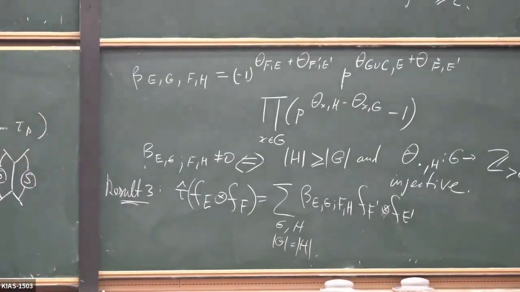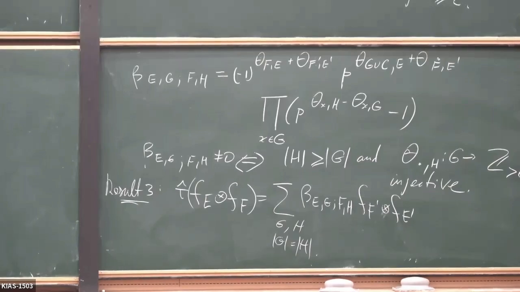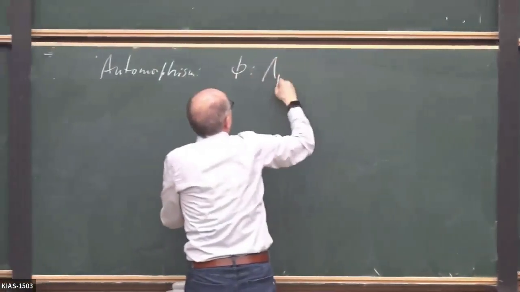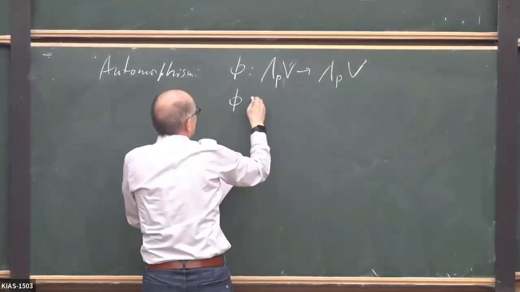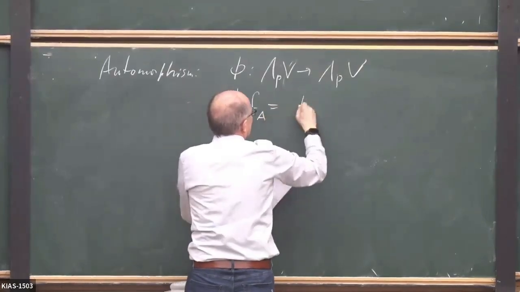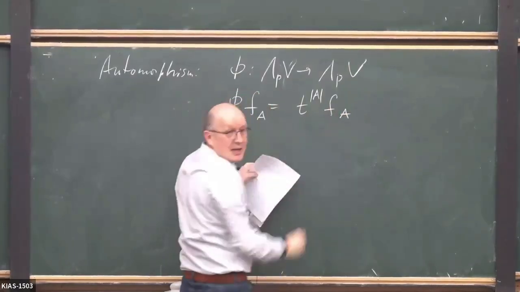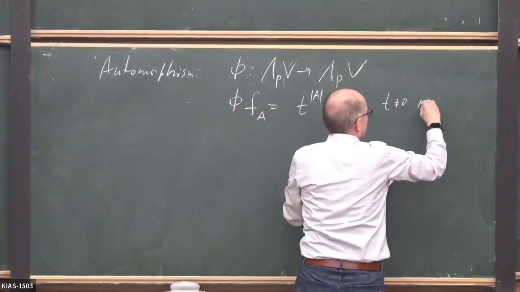So now we know explicitly the coefficients, but this concerns the braiding. Our real interest is the rho, which we construct by using an automorphism phi, which acts on F_A just by multiplying by the scalar t to the power size of A. So it's a diagonal automorphism, with t a non-zero new parameter.